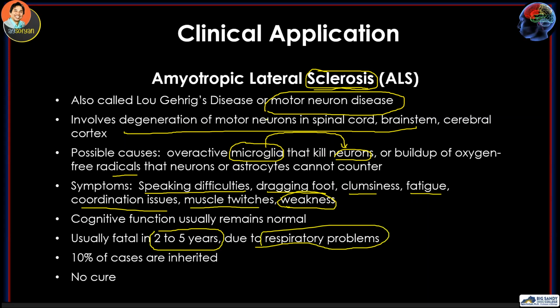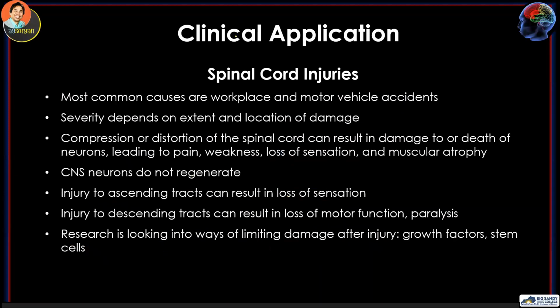So many patients with this disease might die during this time due to respiratory problems. 10% of the cases are inherited. So far there is no cure for ALS.